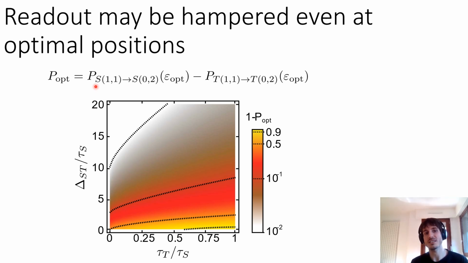And we want to maximize this quantity. What we find is that if you have very low values of the singlet-triplet splitting compared to the tunnel couplings, you have very reduced values of this probability.